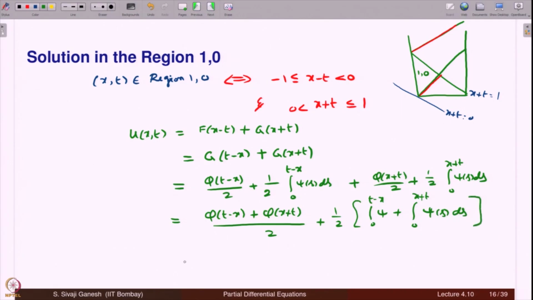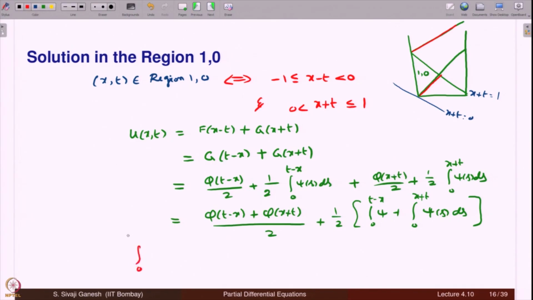So, let us analyze what is there in the brackets, the integral in the brackets, and we will then come back to this. So, we have determined the solution. Now, we would like to express it in D'Alembert form, that is why we would like to do a little more work.